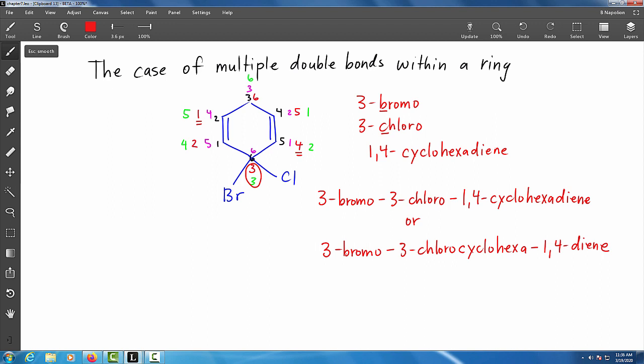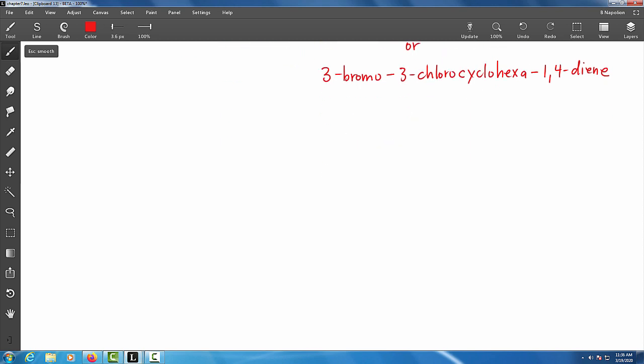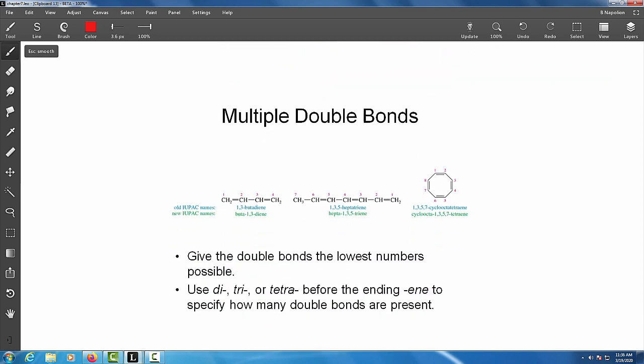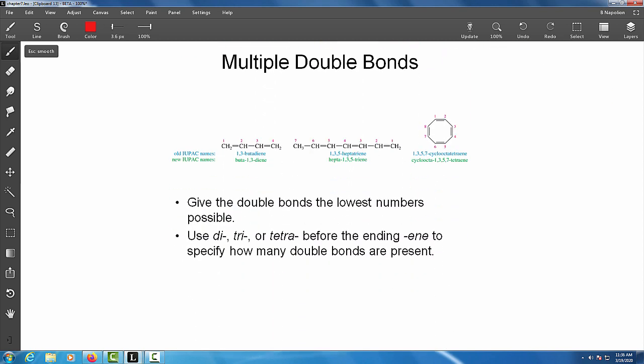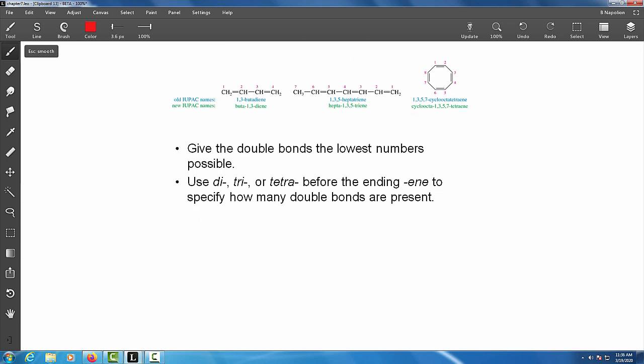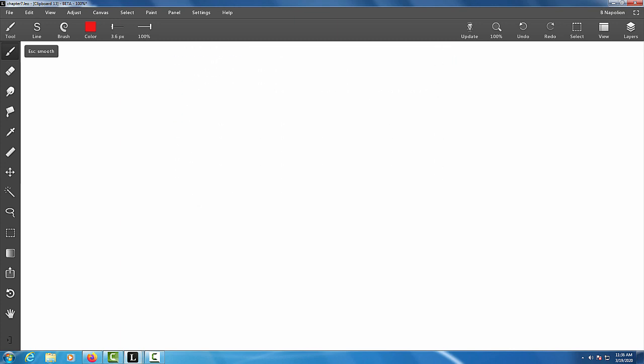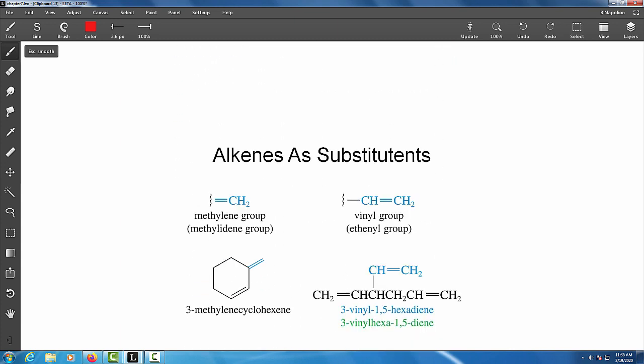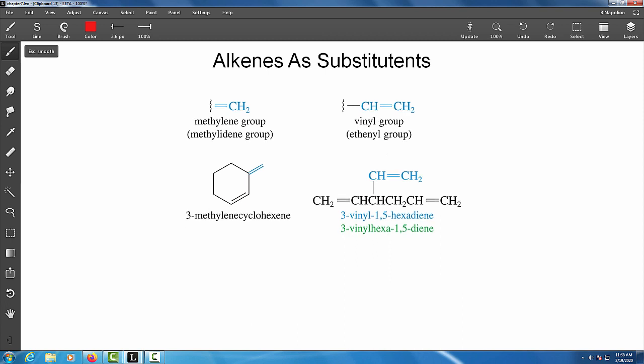Now, the last topic of conversation, and you can see what I've just told you about multiple bonds here when you follow along with your slides. Our last topic of conversation will be alkenes as substituents.